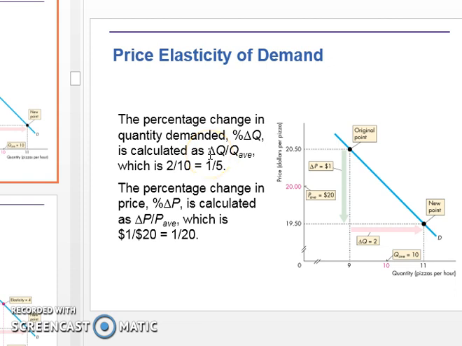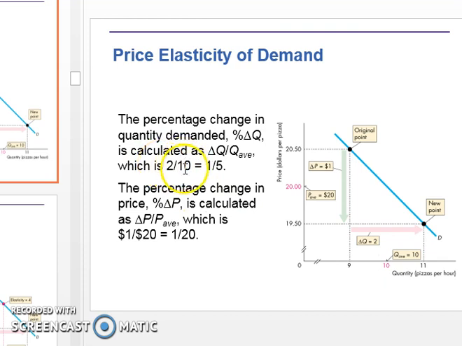For example, delta Q refers to Q2 minus Q1, which is the current quantity 11 minus the previous quantity 9. This is Q2, this is Q1. So 11 minus 9 becomes 2.